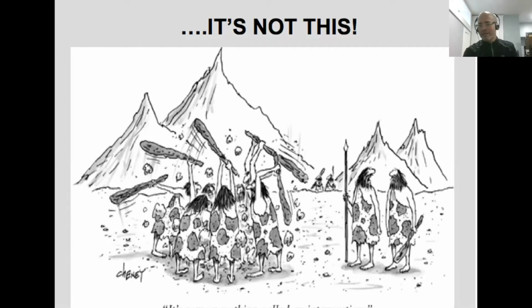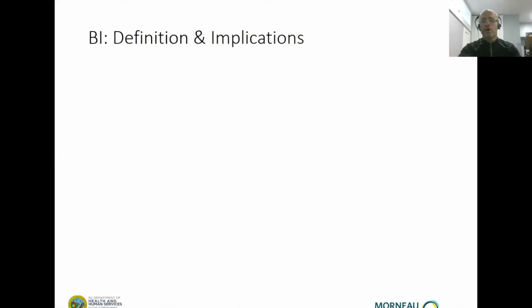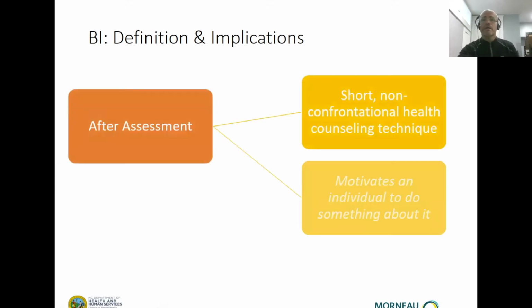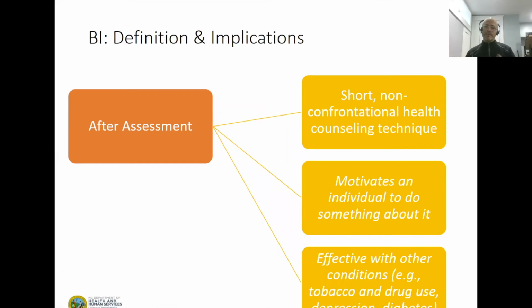But I'm not saying bring a bat to a brief intervention. In fact, these brief interventions, as I said earlier, are supposed to be shorter, and we want to utilize those motivational interviewing techniques to meet folks where they're at so that they can make a healthy decision.